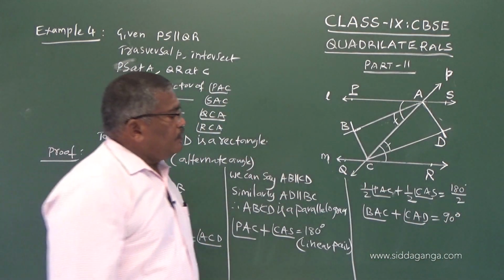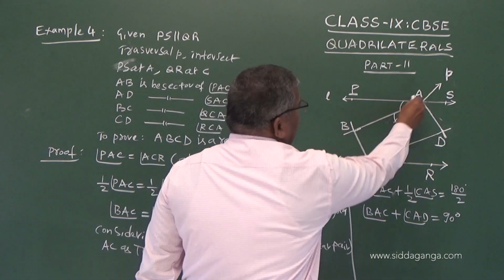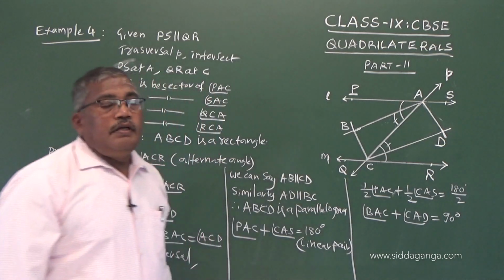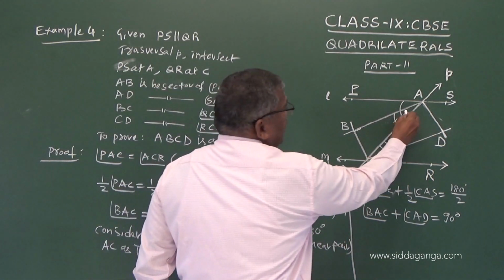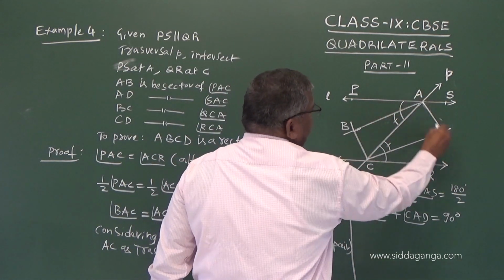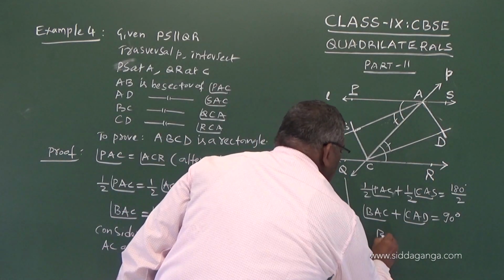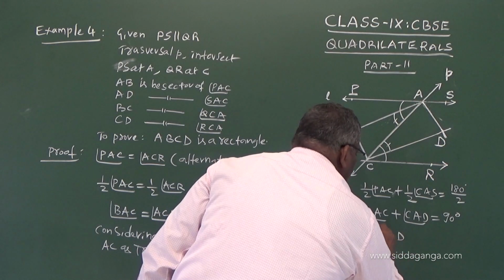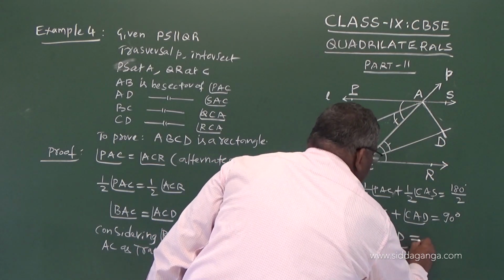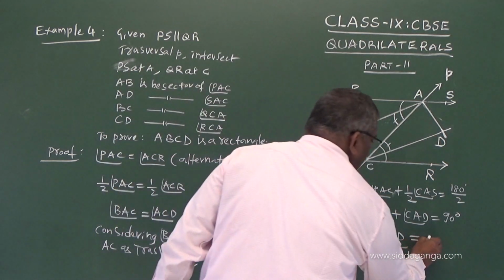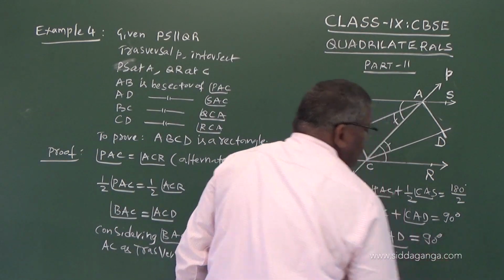Now, if you keenly observe, BAC plus CAD, both put together, is angle BAD, which is one of the interior angles of the rectangle. So angle BAD is equal to 90 degrees.